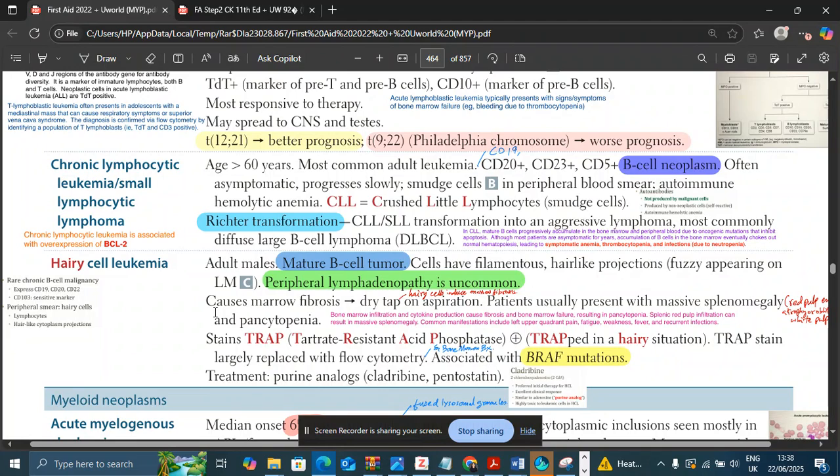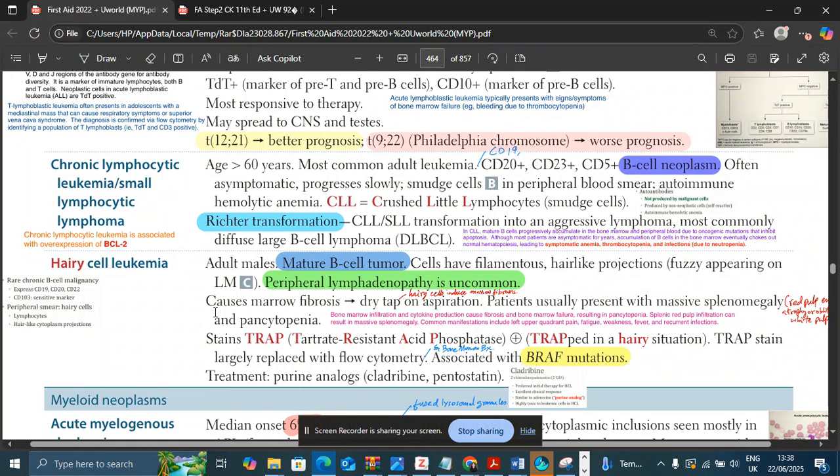Then we will see the features of anemia like weakness, fatigue, and shortness of breath. We will see the features of leukopenia, that is recurrent infections. We will see the features of thrombocytopenia like bruising or petechiae. These are the features related to pancytopenia.